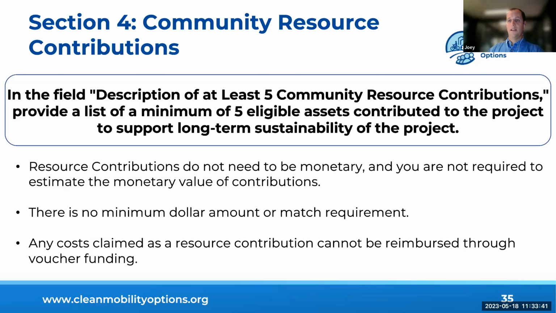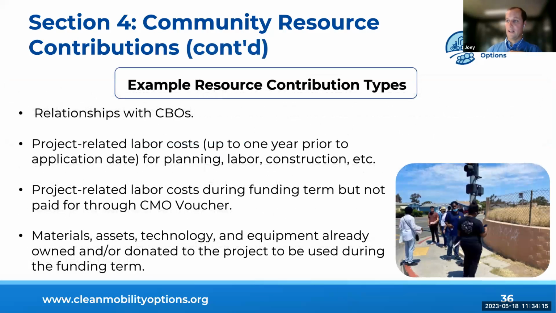On page 41 of the implementation manual, there is a table that has examples of community resource contributions, example organizations or entities that those contributions could come from, and also what sort of supplementing documents you would need to provide to show evidence of that potential community resource contribution. We'll talk about that also in a couple slides. So once again, that's page 41 of the implementation manual.